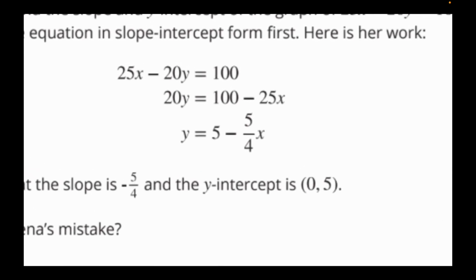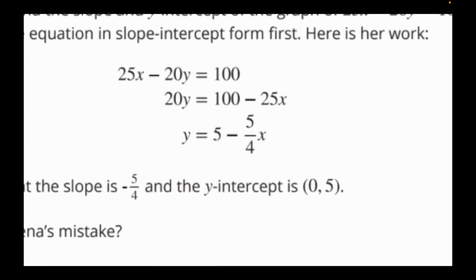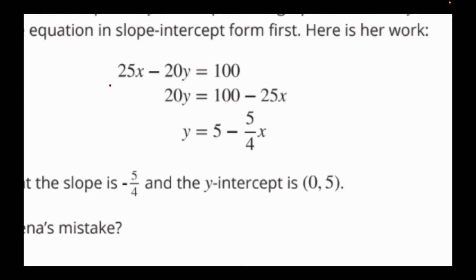Okay, so they're telling us she made a mistake. Let's read through this. It looks to me like they're saying, let's subtract 25x. And then that cancels, and that's good. But this negative sign in front of the 20y disappeared. And it should not.